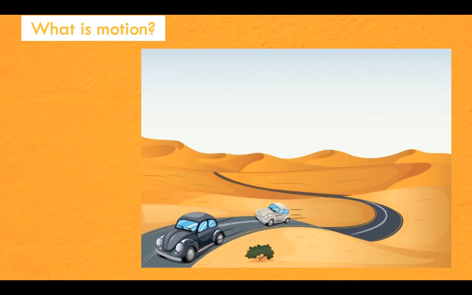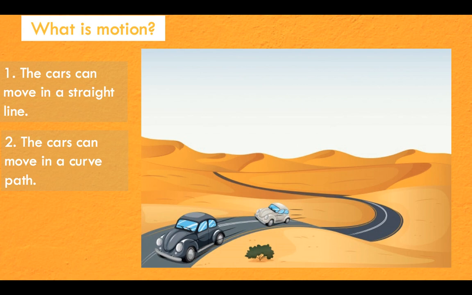Let's take a look at the picture here. What movement can these cars make? Definitely, there are three possible movements they can make. They can move in a straight line, they can move in a curved path, or even they can rotate if they wish.